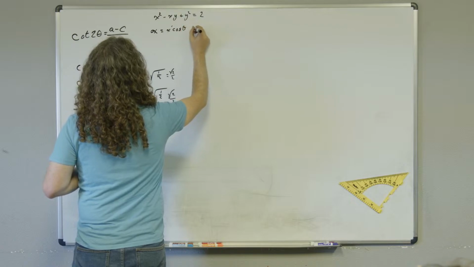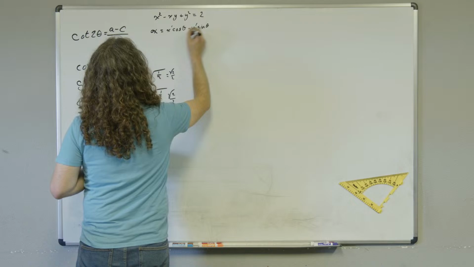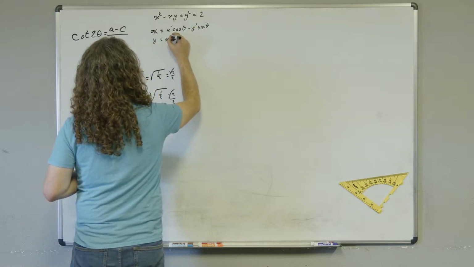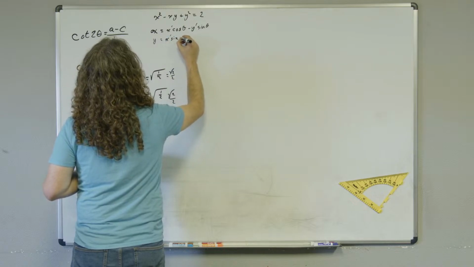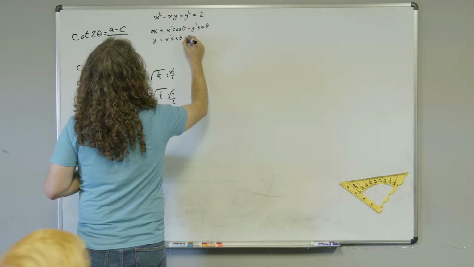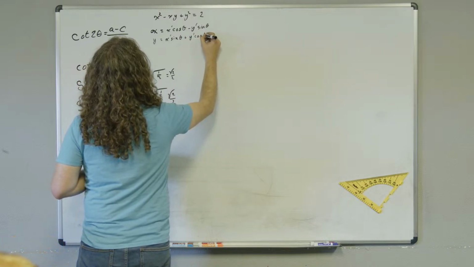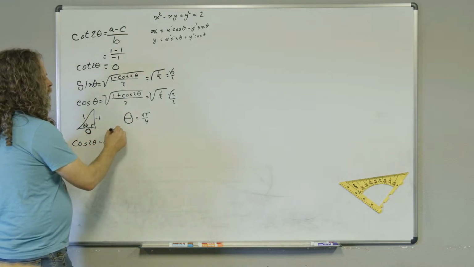And y equals x prime sine plus y prime cosine. What is the sine of pi over 4?